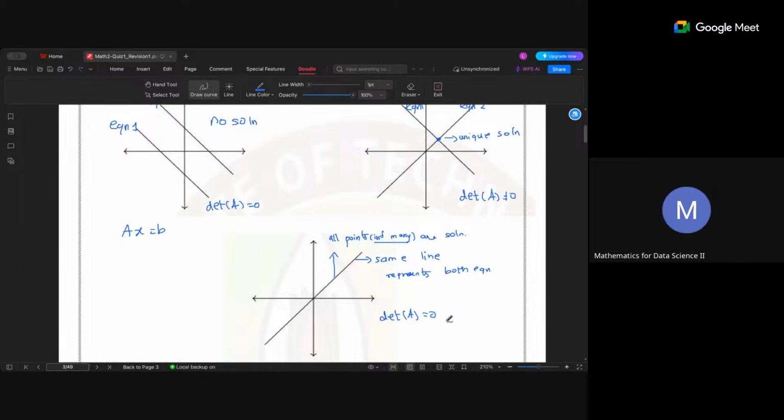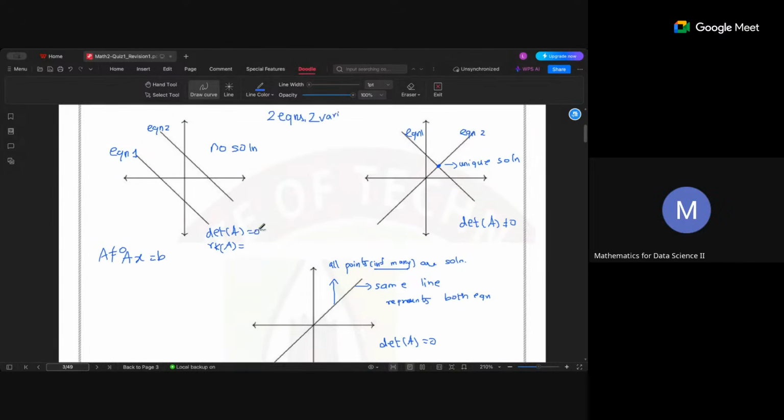And again, what about the rank of the matrix? Rank is there in week 4, but since it is related here, I'm just using it. What should be the rank in this case? Let us assume that A is non-zero. What should be the rank here? Rank is less than 2.